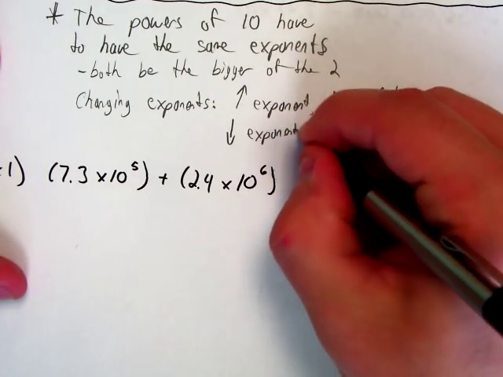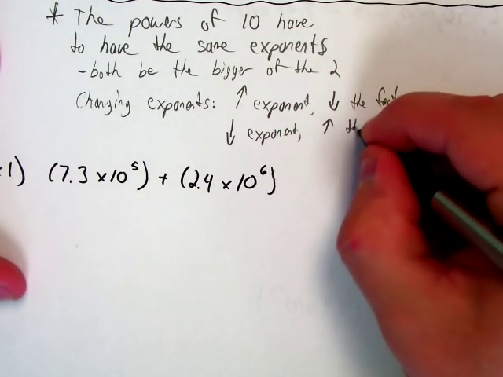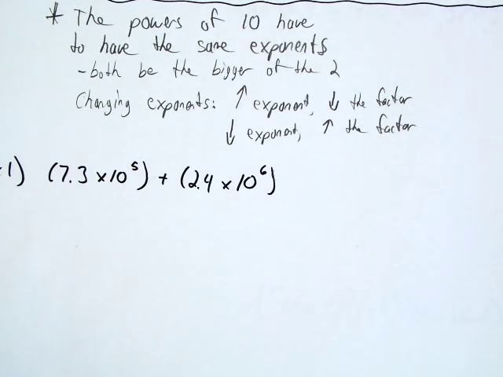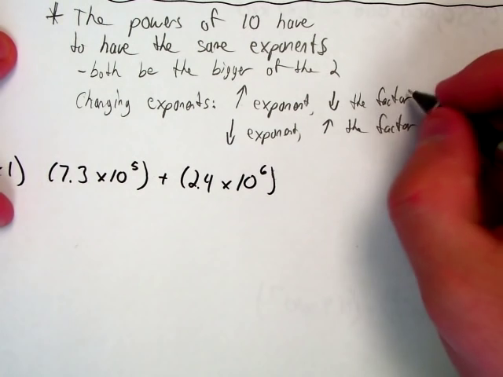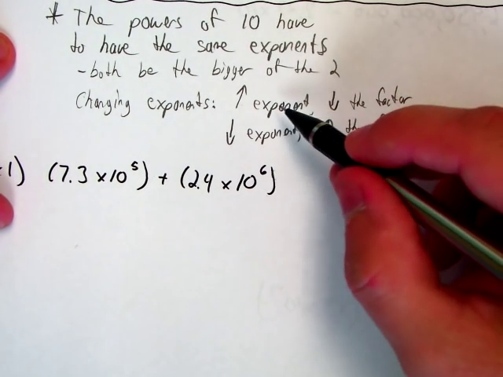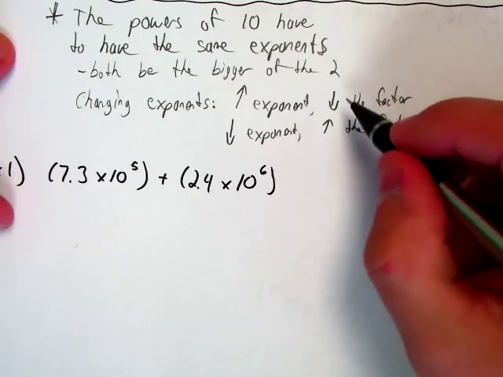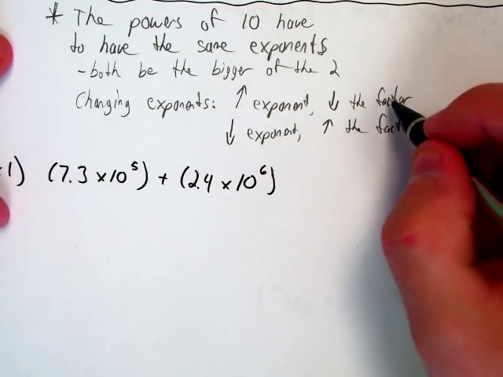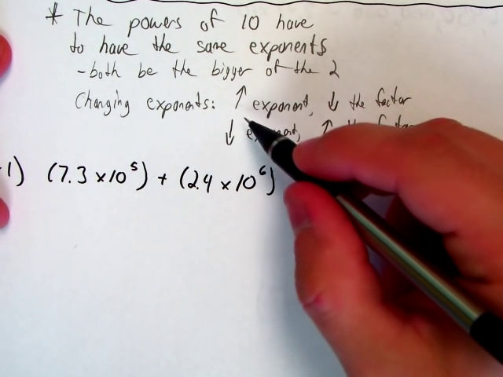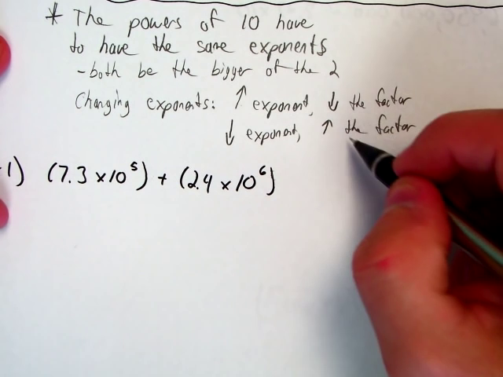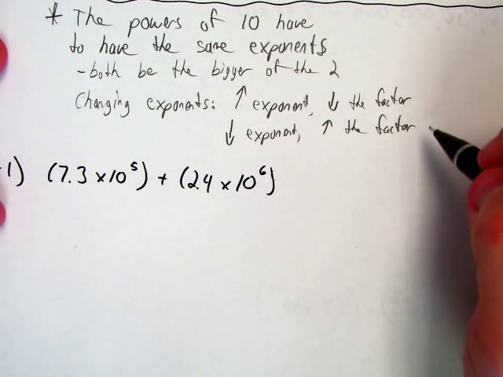So if we want to decrease the exponent, we increase the factor. How we're going to do that is by moving the decimal point. However many times the exponent increases, we move the decimal point to the left that many places to decrease the factor. Same thing in the opposite. If we're decreasing the exponent, we increase the factor by moving the decimal point that many places to the right.